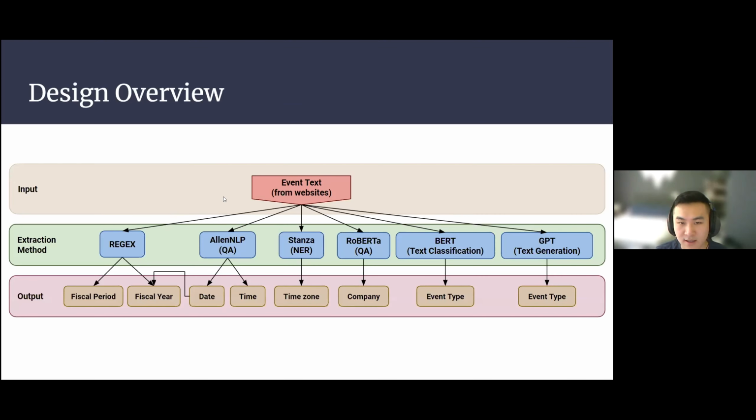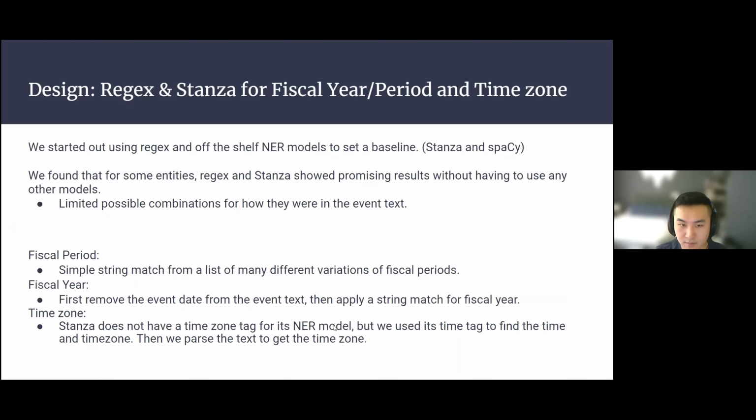Here's a design overview of our pipeline, where our inputs are the event text, and then it goes through various extraction methods to get a label. We started out using regex and off-the-shelf NER models to get a baseline. These off-the-shelf models were from Stanza or spaCy.